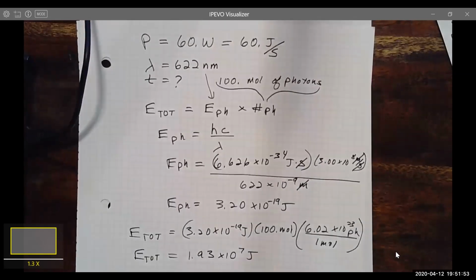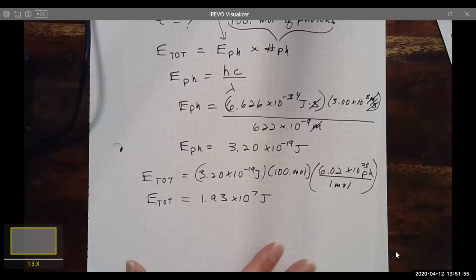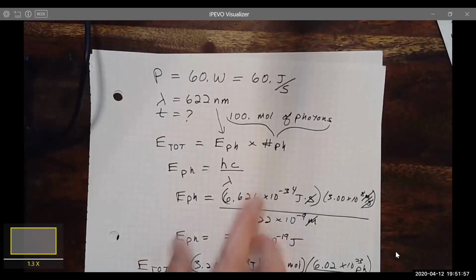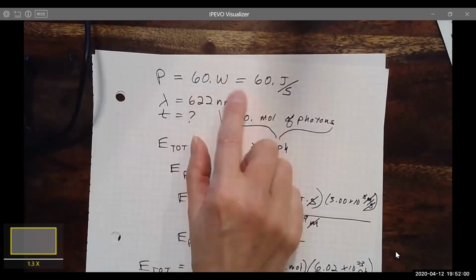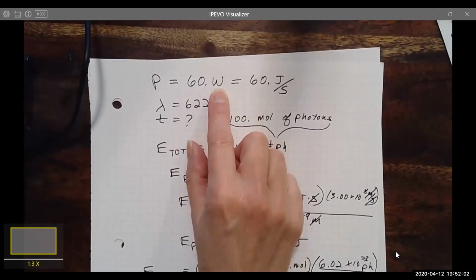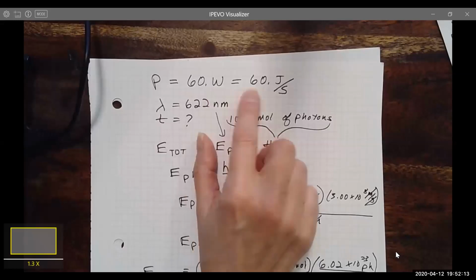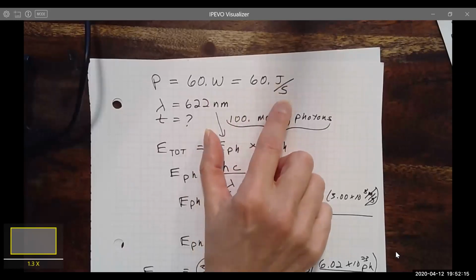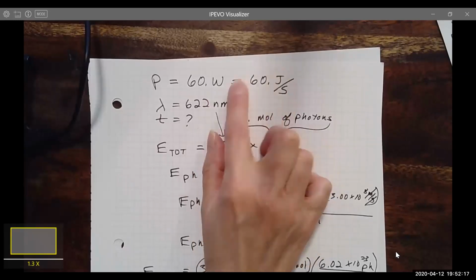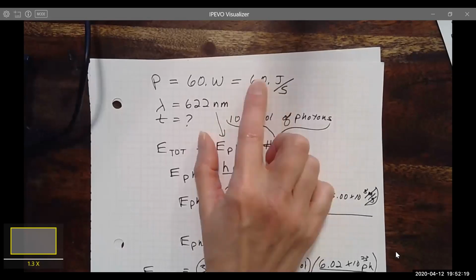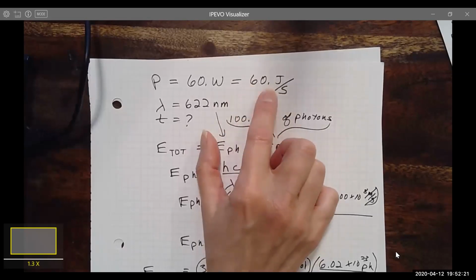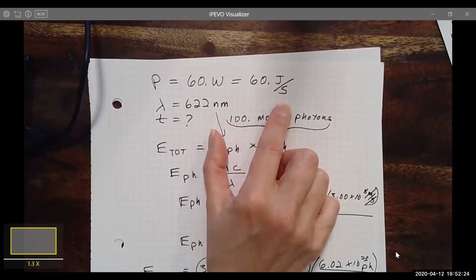So we know the total energy that's going to be released, but we also know that because this is the power in watts, we were told in the problem, you don't have to memorize what a watt is. If I needed you to calculate with it, I would remind you, just like it is in the problem. So it tells us that 1 watt is the same as a joule per second. So this is telling us that this light source is releasing 60 joules of energy every second.